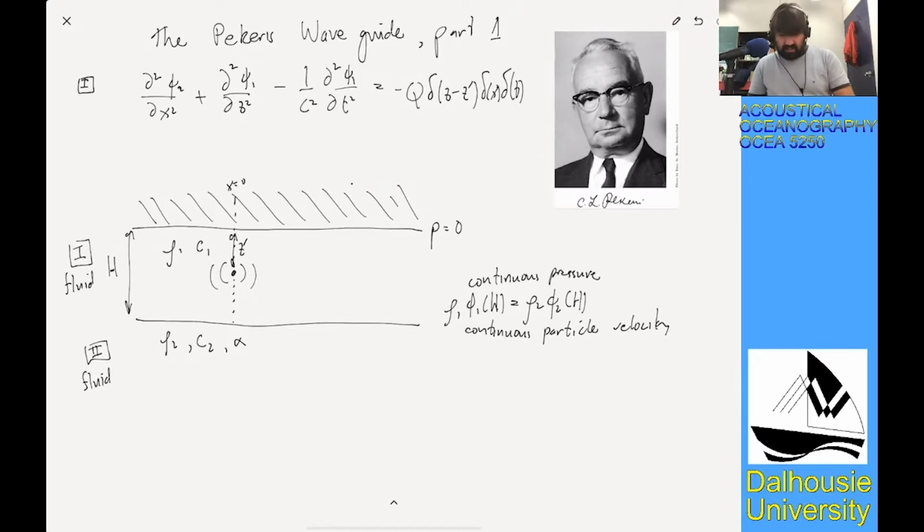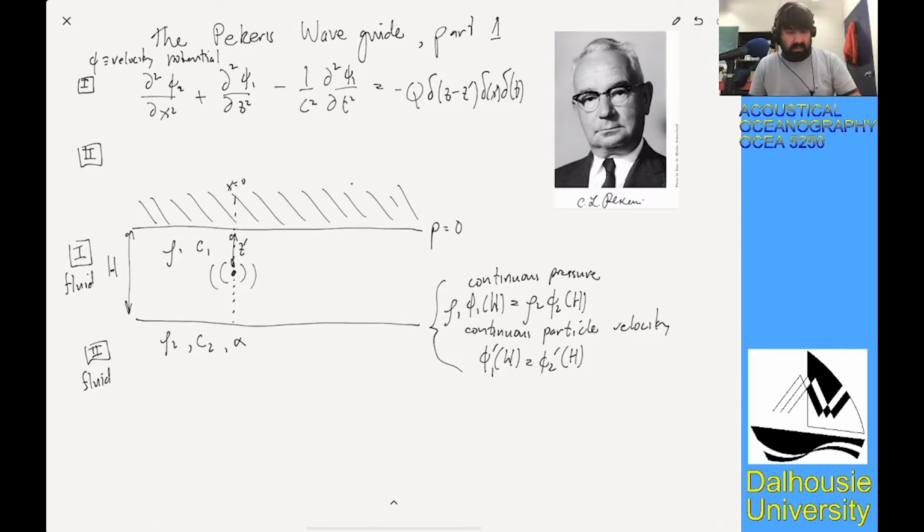So how do we write that? So phi is our velocity potential. Now we have some boundary conditions at the bottom here, and if we want to use those boundary conditions, we also need to know what phi 2 is. So we need to write the wave equation in region 2.